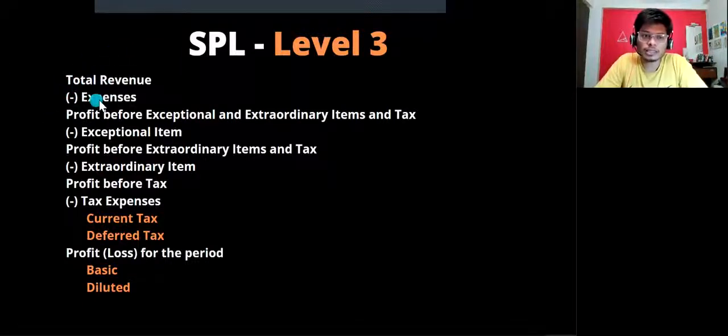So total revenue minus expenses, profit and loss account, profit before exceptional extraordinary items, then you minus the exceptional and you get this, then extraordinary tax, and so on. So I hope right now that balance sheet, profit and loss account, these two things are relatively clearer. So you can go through further reference material to figure out what that is.